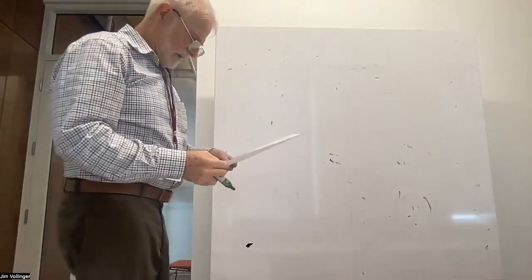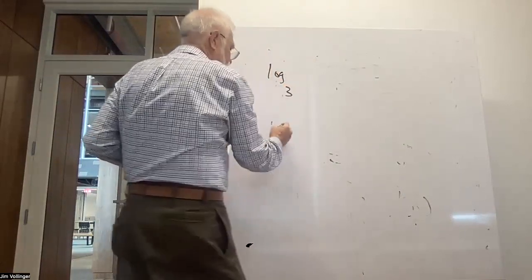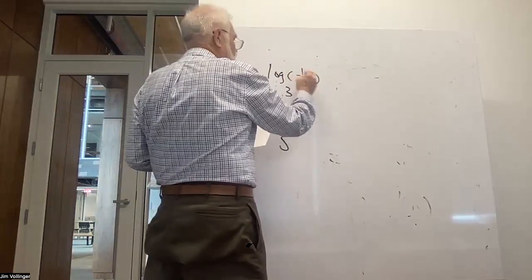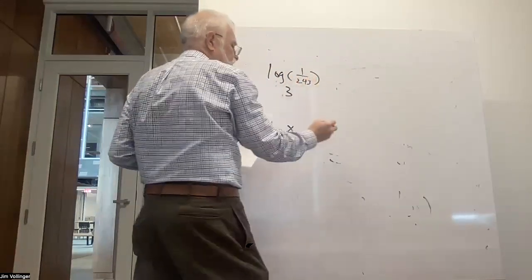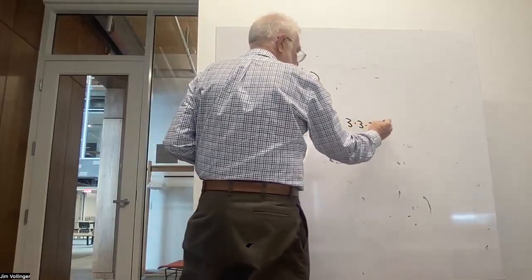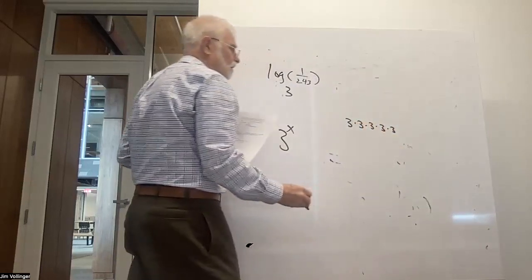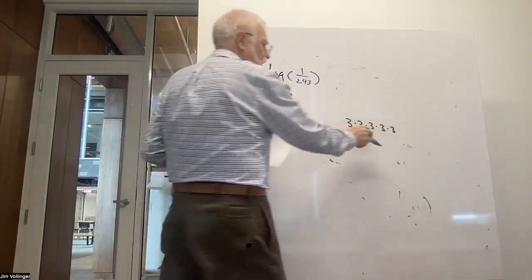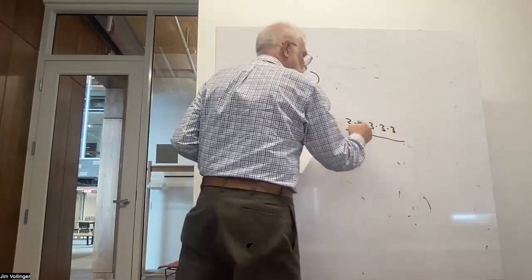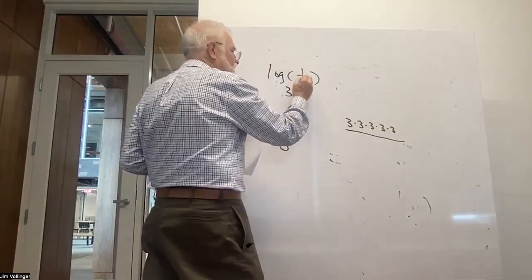Let's see. Log base 3 of 1 over 243. That means I'm doing 3 to the something equals 1 over 243. Let's see: 3 times 3 is 9, times 3 is 27, times 3 is 81, times 3 is 243. If I do 3 times 3 times 3 times 3 times 3, I get 243. I did it 5 times.